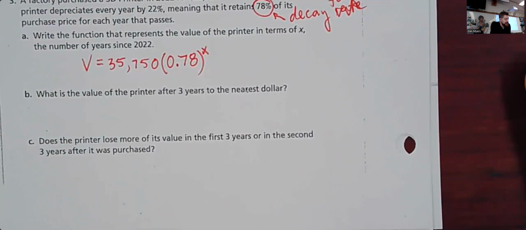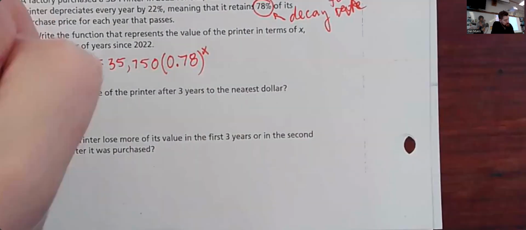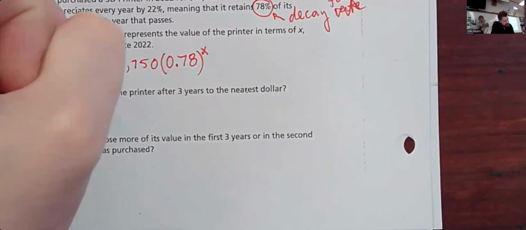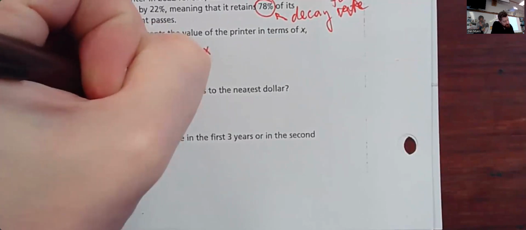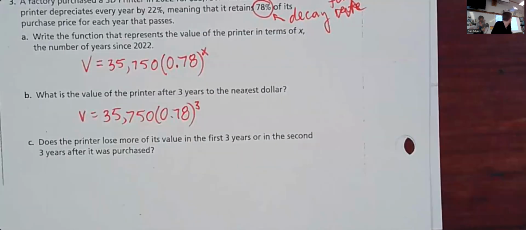All right. What's the value of the printer after 3 years to the nearest dollar? So we're rounding to the nearest whole number. Go ahead and type it in, figure it out. 35,750 times 0.78. I'm just going to write in the entire function here. 3 years later would be an exponent of 3.